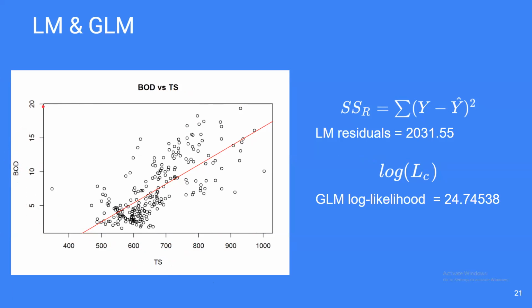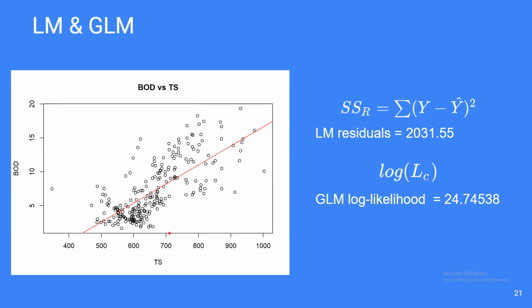And this is a bad thing. We want them to be as close as possible to 0. So as TS increases, BOD increases as well. So we see that there's a strong relationship between these two variables to determine the contaminants in the water.